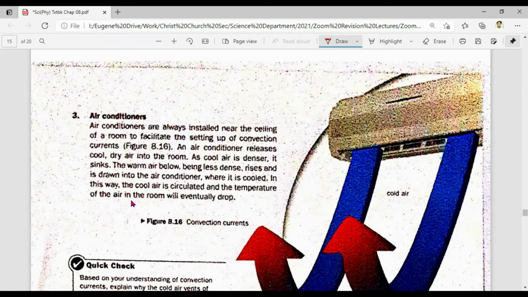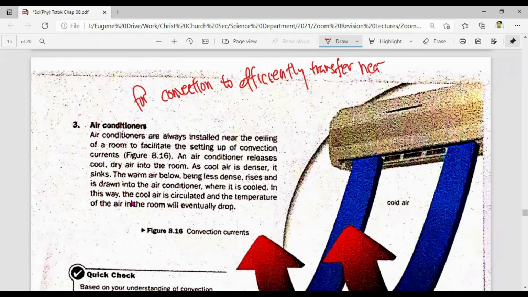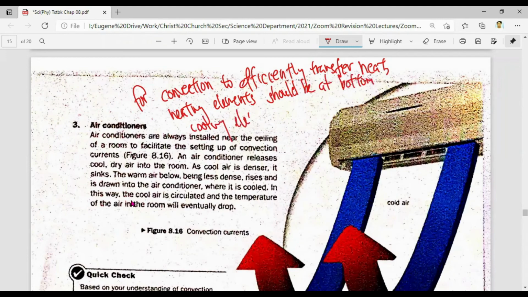So the key idea here is, if you want convection to efficiently transfer heat, whether it is cooling down or heating up, focus: heating elements should be at the bottom, cooling elements should be at the top. So take note of this.